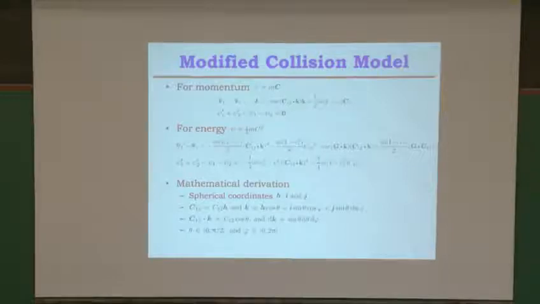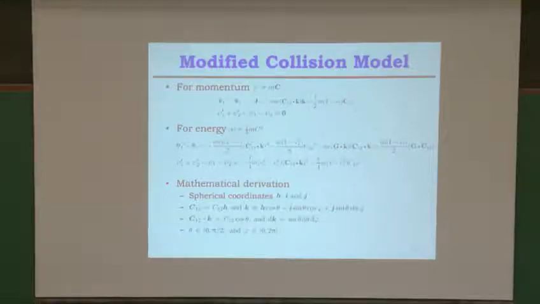If we take the parameter psi to be momentum, m times c, we can look at the difference in that parameter after and before the collision, which gives this equation. We can also do the same for energy, which is shown here. That leads to these expressions, which contain different terms than the ones in the original formulation.